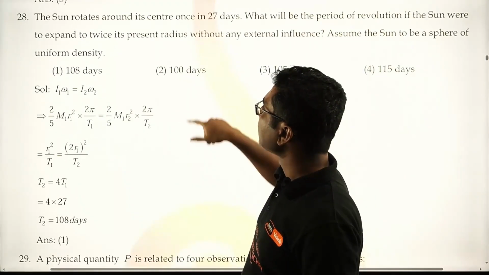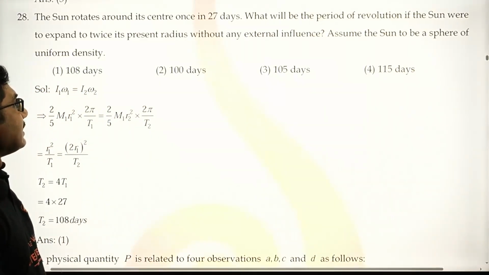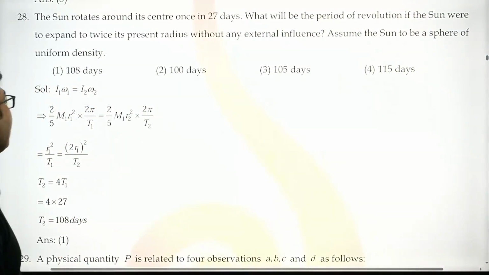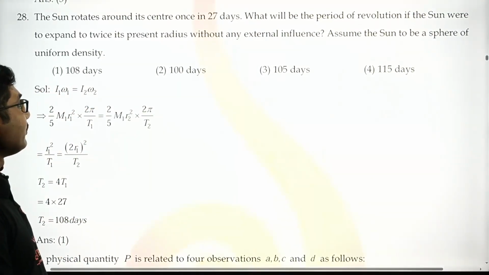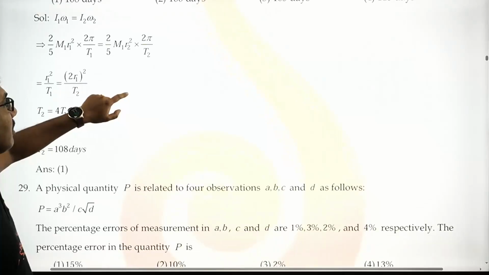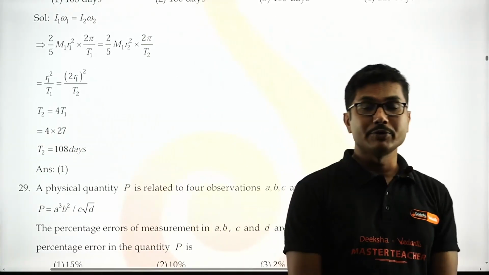The sun rotates around its center once in 27 days. What will be the period of revolution if the sun were to expand to twice the present radius without any external influence? Assume the sun to be a sphere of uniform density. So it's a problem of conservation of angular momentum. Angular momentum will remain constant.